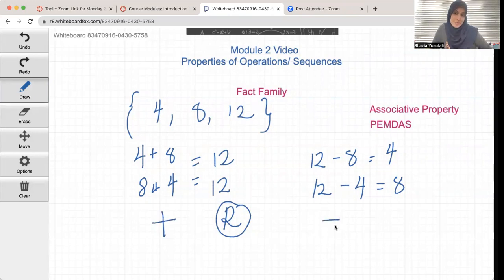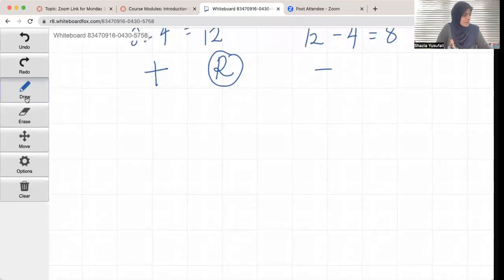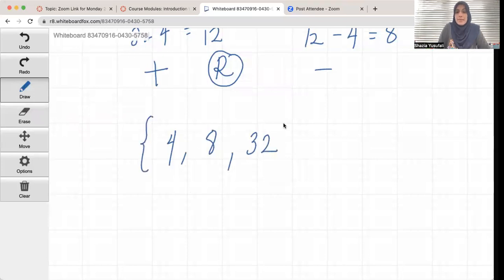But there are also fact families for multiplication and division. So let's look into that. If I look at a fact family with a 4, an 8, and a 32, this is considered a fact family. What is the relationship? Easy peasy.